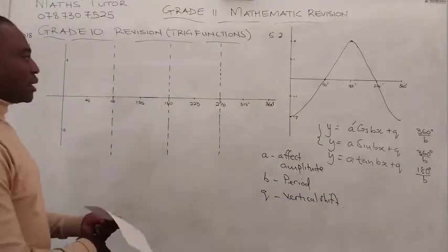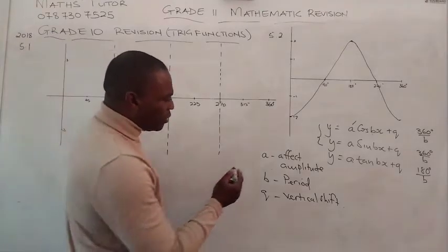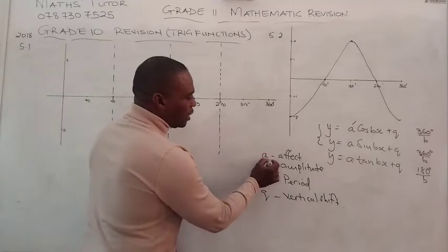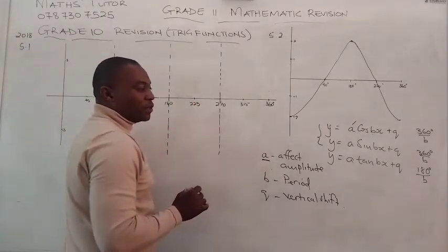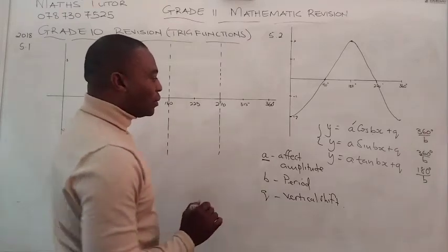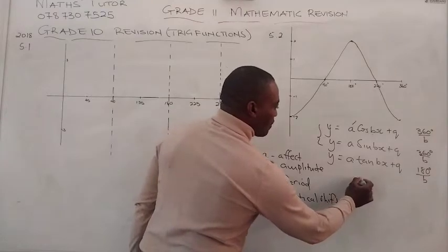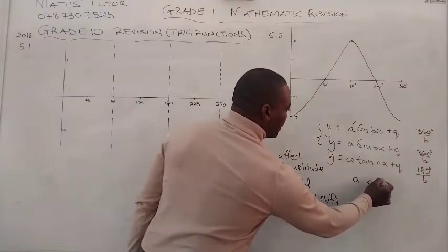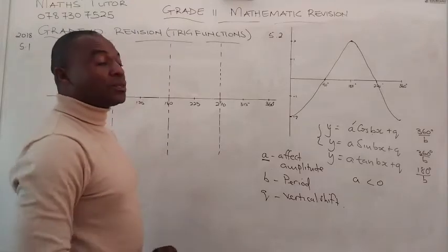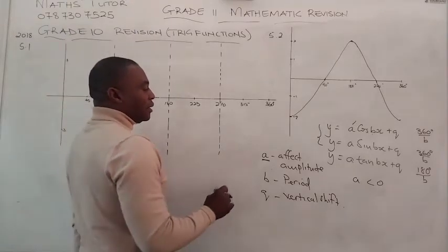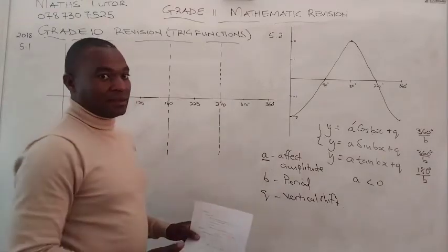Alright, it's also important, coming to the value of a. We have said it affects the amplitude, but there's also a point that if a is less than 0, if a is negative, then it will cause the graph to be reflected along the x-axis.